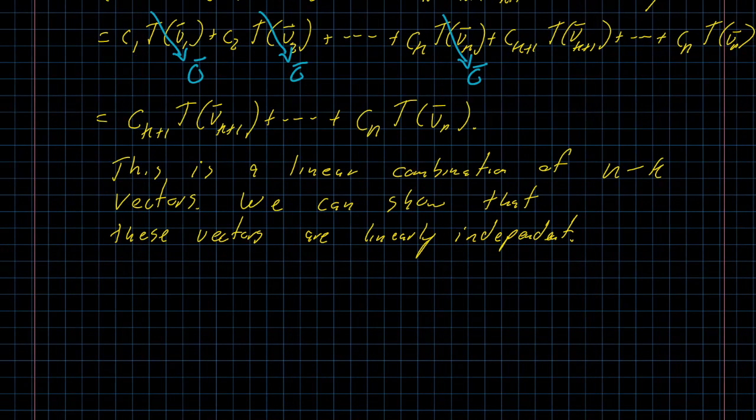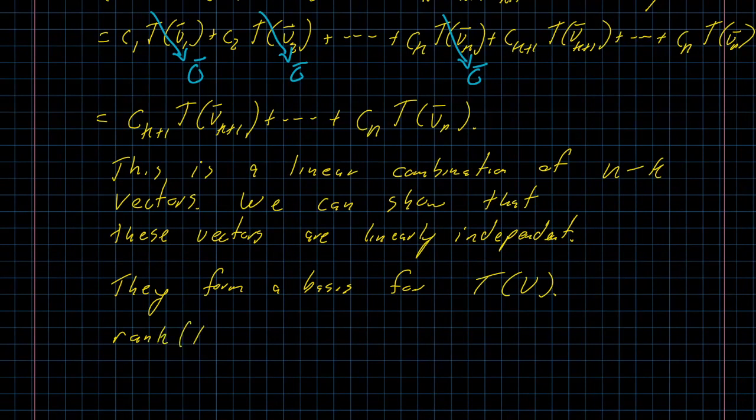It's just not interesting, and this video is long enough. We can show that these vectors are linearly independent, and if we did, then they would form a basis for the range T of V. So the rank of T, which is the dimension of T of V, is equal to n minus k.